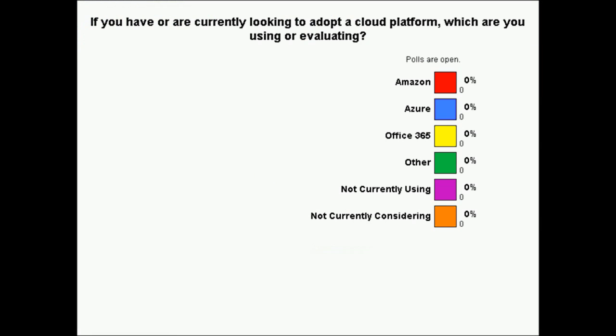Before we get started, we did have one poll question here, and you can click on your screens to answer this question. If you have or are currently looking to adopt a cloud platform, which one are you using or evaluating? And if you're not, you can just say we're not currently using it or we're not currently considering it.